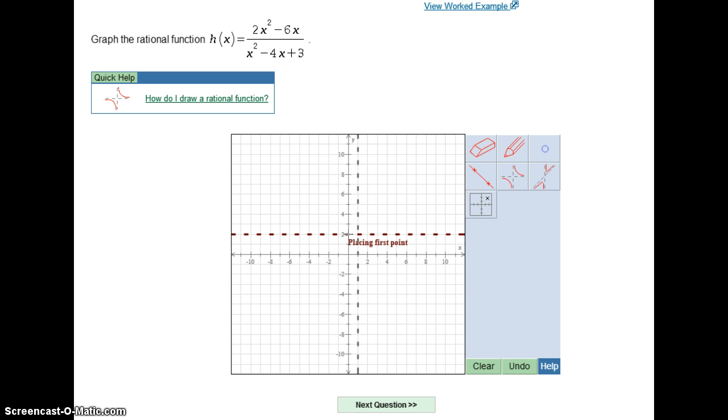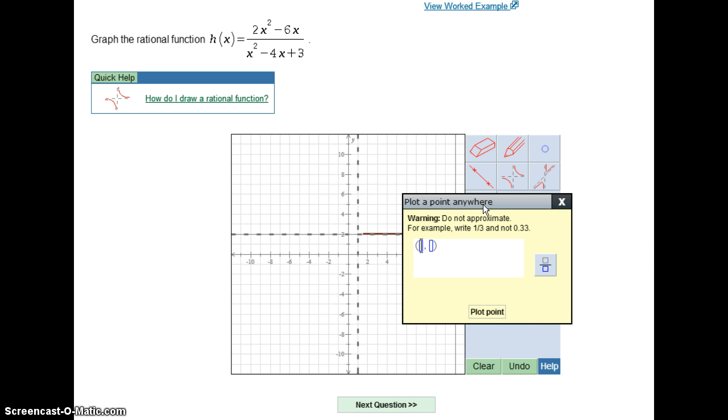Now it asks me to place points. I found that it's easier to work with the typing in of the points. So I'm going to go there, and I need to have points on both sides of my asymptote, at least 2. So to the left of my asymptote, one of the points is negative 1, 1.